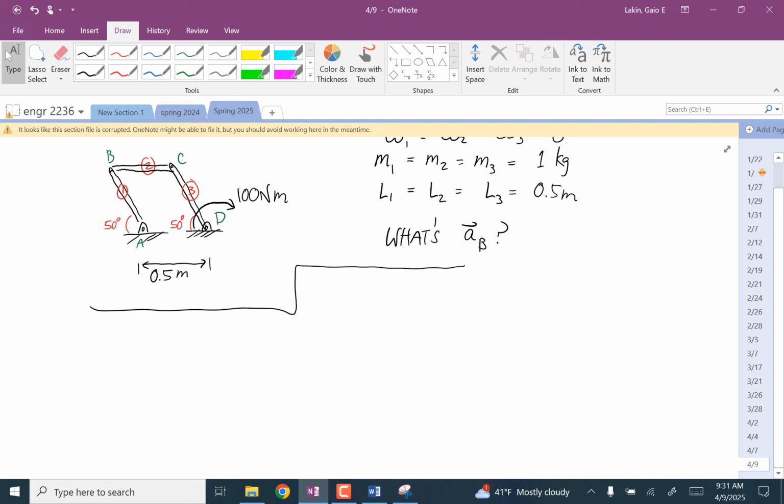We do have to worry about the constraints at the 2 joints that can move. So at B, according to member 1 and according to member 2, the acceleration at B has to match. Okay, so how many equations do we get from that constraint? 2. So now we're at 7. And then at C, the same thing, 2 more equations. And so we have 9 total equations.